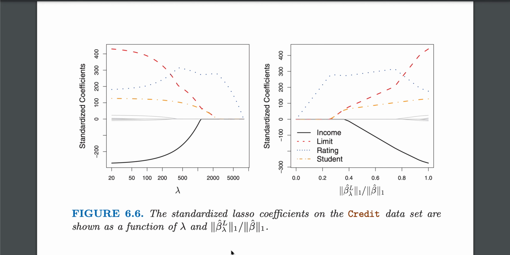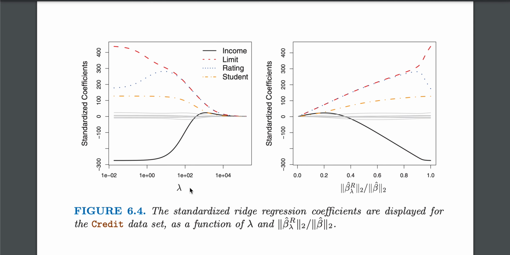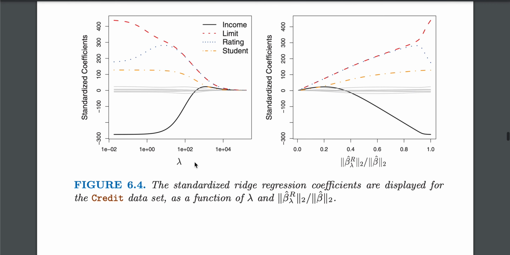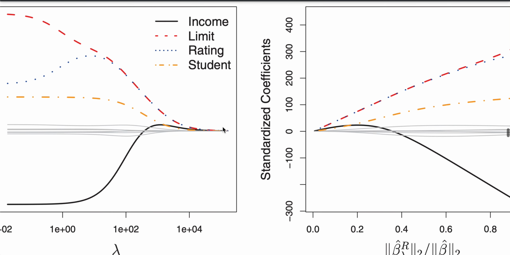Now lasso behaves slightly different. Not slightly, way different. What is similar between lasso and ridge is that as we increase lambda, the coefficients get shrunken, but unlike ridge, which just slowly gets smaller and smaller, you see it never is zero.